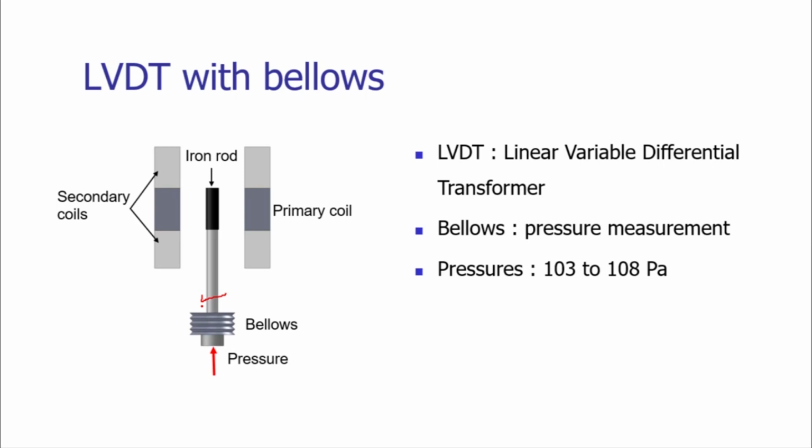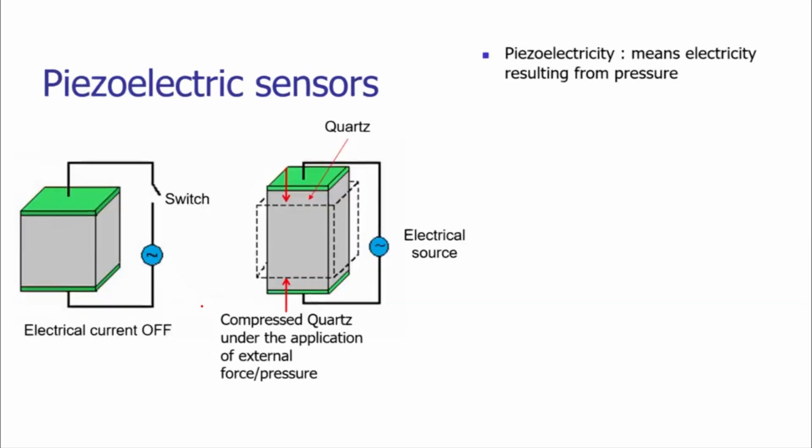So in this way we can easily measure the pressure using the LVDT attached with the bellows. This type of arrangement can be utilized to measure pressures about 10^3 to 10^8 Pascal.